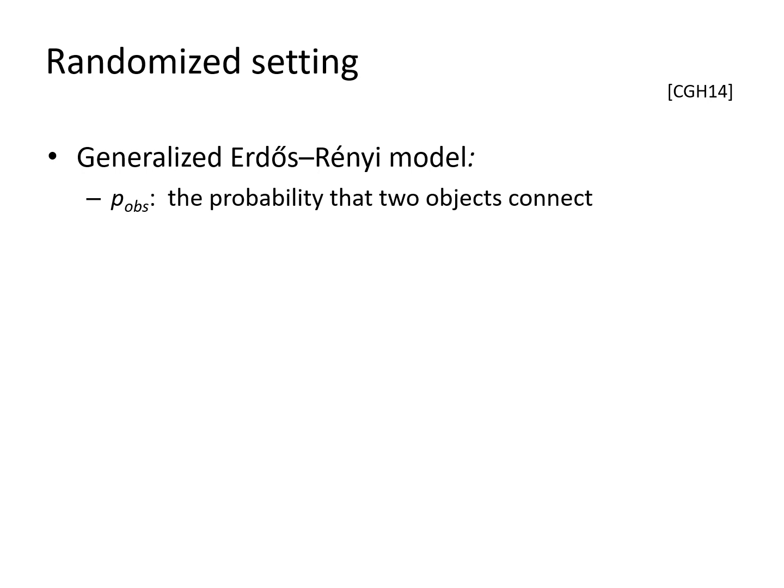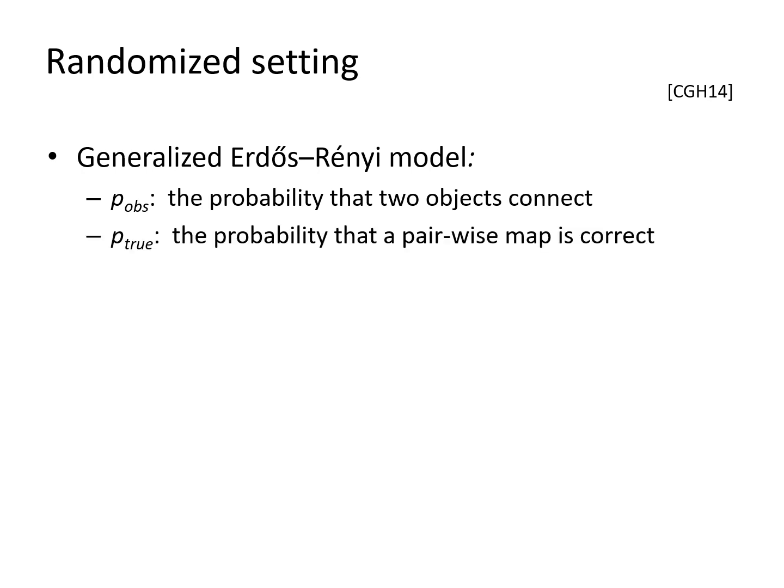This model is controlled by a few hyperparameters. We have p_observe that specifies the probability that two objects connect, meaning the density of the pairwise maps in the input. p2 is the probability that a pairwise map is correct, and incorrect maps are random permutations.